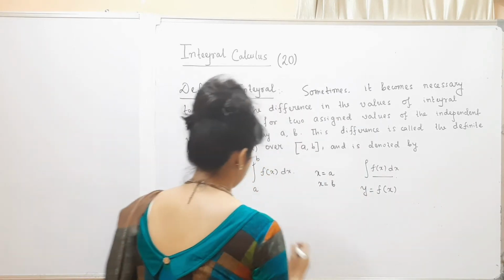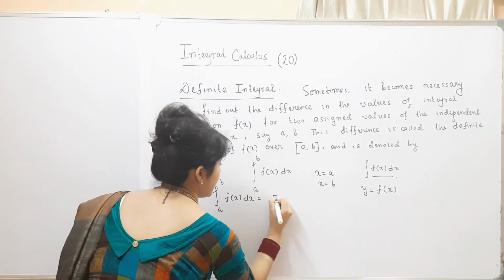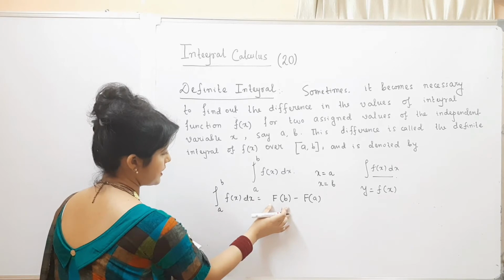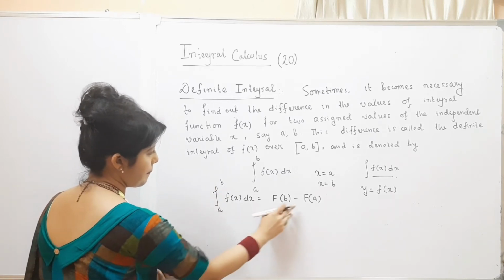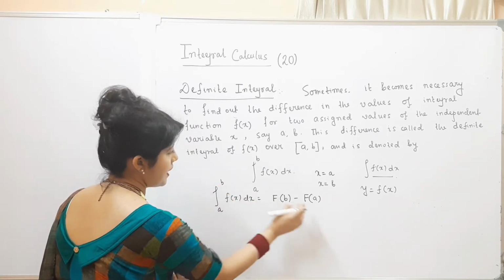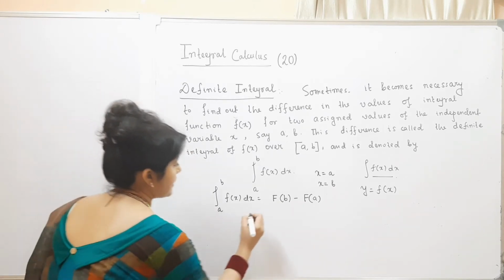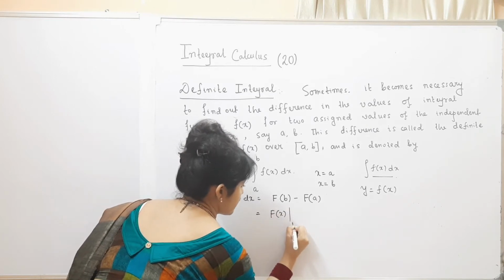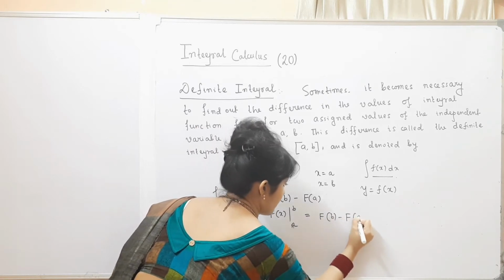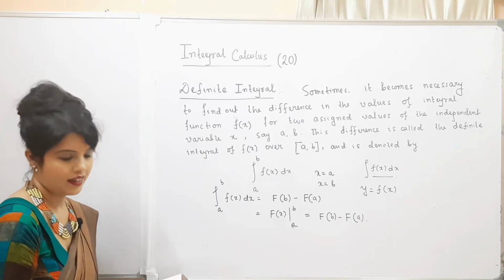Now this integration a to b f of x dx is actually f of b minus f of a, that is, the value of the integration at the upper limit minus the value of the integration at the lower limit. You can write it as a to b, and it will give you f of b minus f of a. So this is the formula, or the definition, of the definite integral.